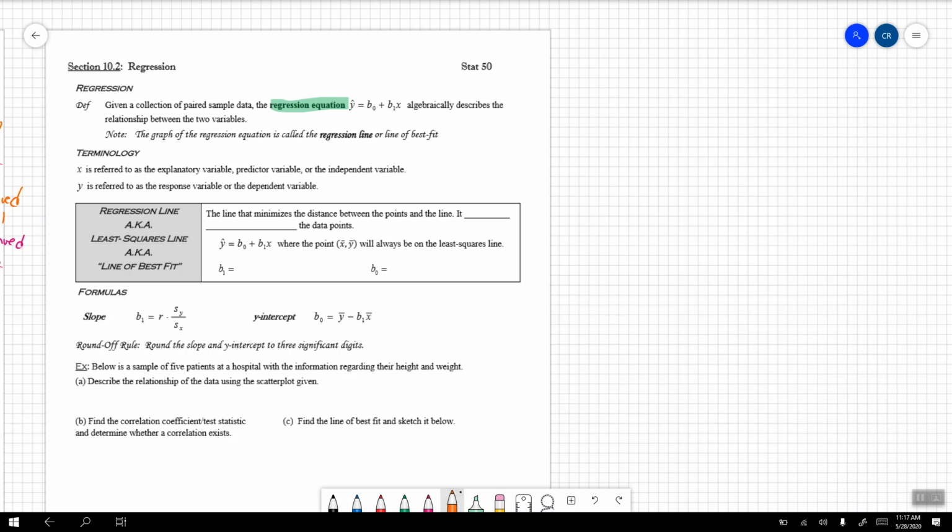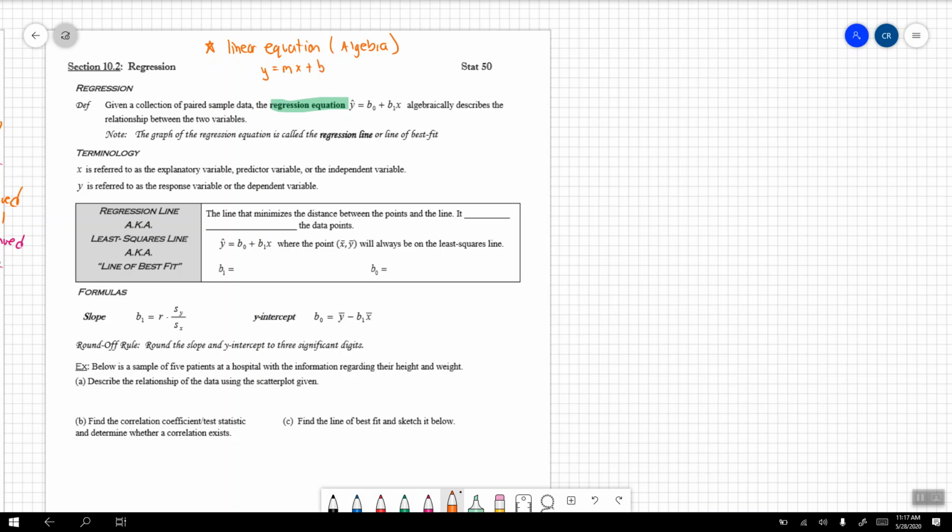However, I'm going to ask you all to recall a certain topic from algebra class. I know it's kind of a long ways away, but let's go ahead and talk about this. All right, so a linear equation from algebra class looks like this. y is equal to mx plus b.